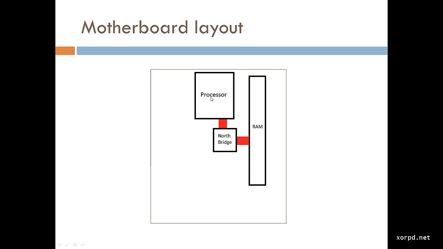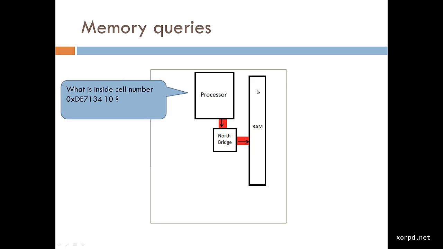The processor then can try to communicate with the RAM, and that's actually what usually happens. If I want to read memory or to write memory, I have to do it in a way of request. I have to send a request from the processor to the RAM, and the RAM can send a response back to the processor. Let's look at a very simple example. For example, the processor wants to know what is inside cell number DE713410.